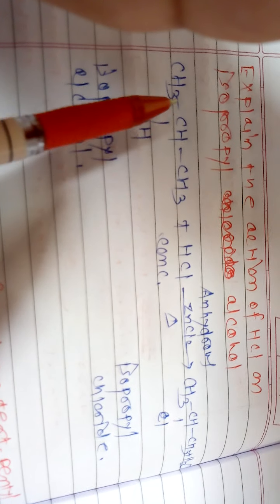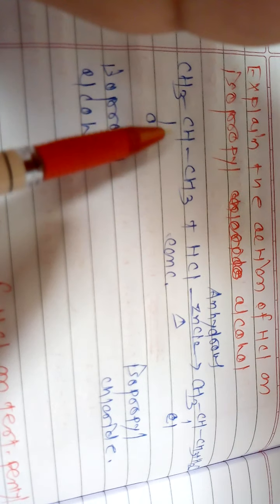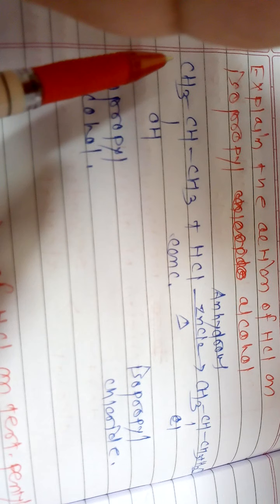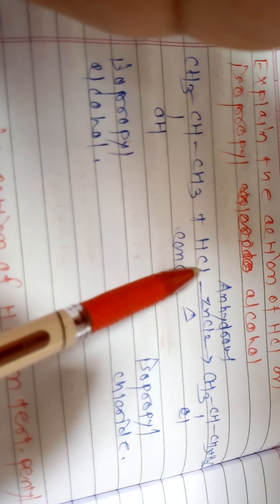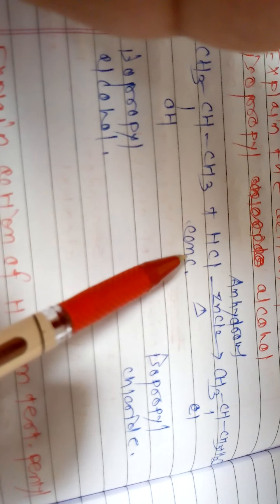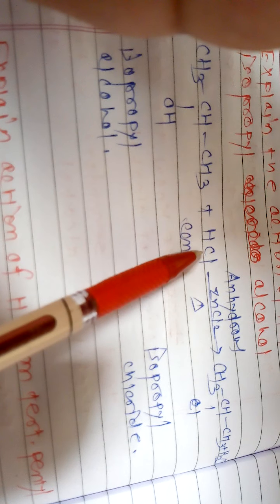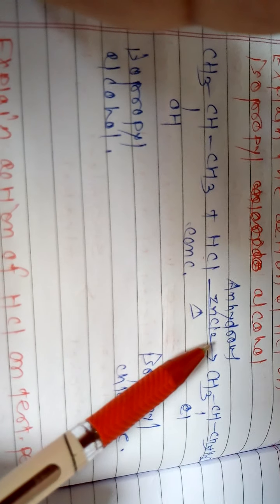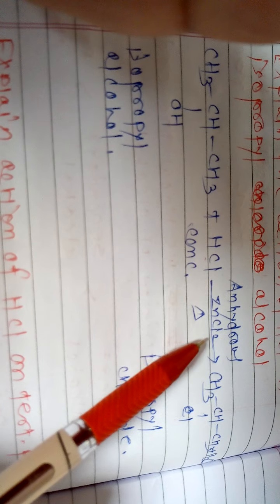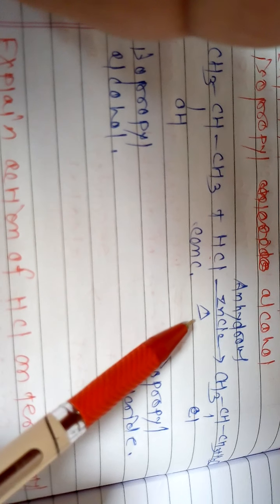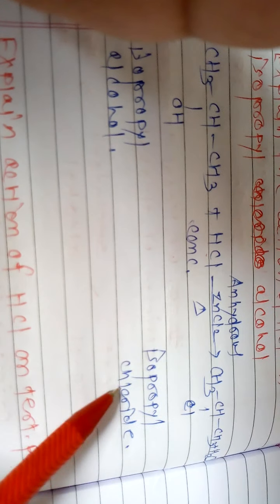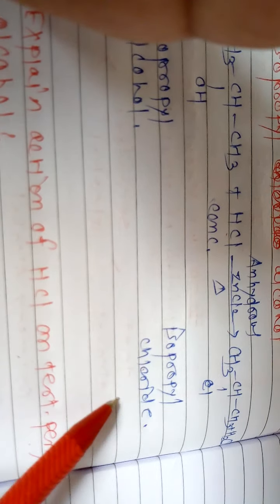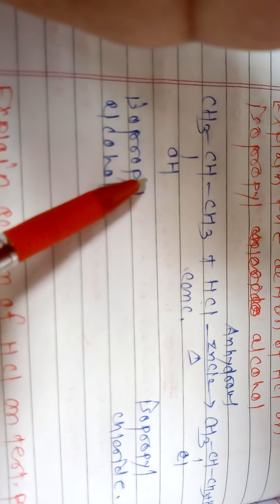Here, in case we are taking the secondary alcohol, isopropyl alcohol, when it reacts with HCl, we always take concentrated HCl. The only difference is we are taking anhydrous zinc chloride here, and heating is necessary, and therefore we obtain isopropyl chloride and water. So it is a secondary alcohol.